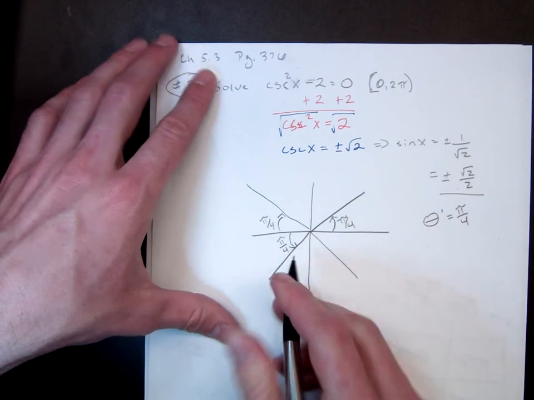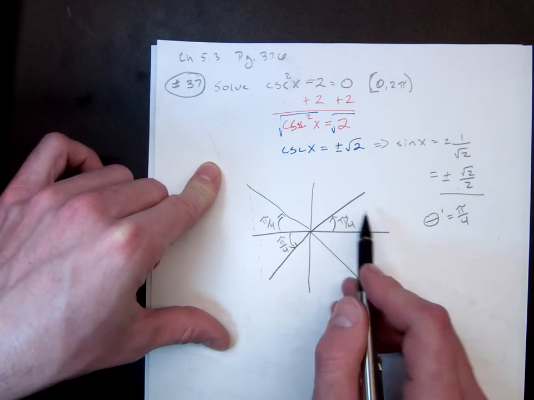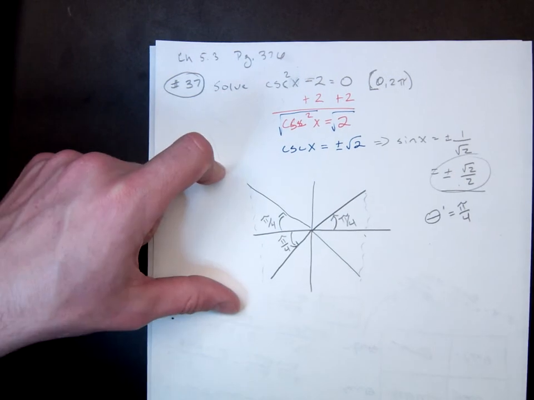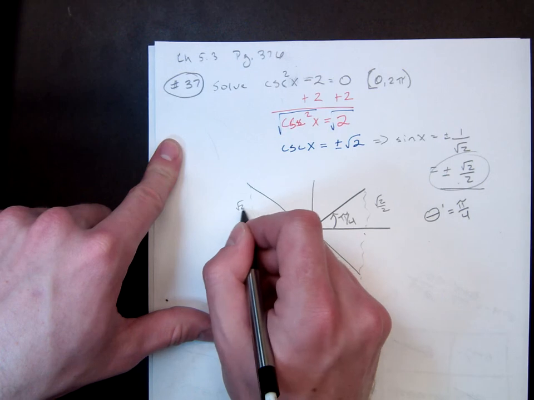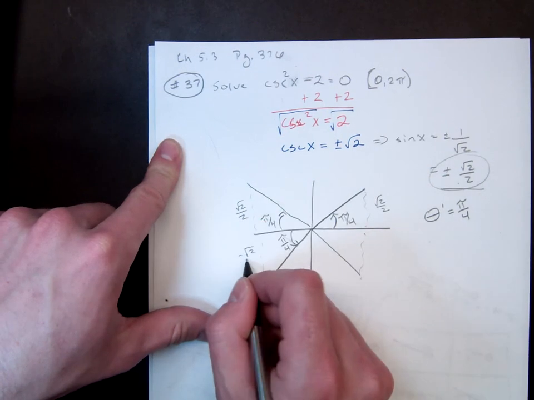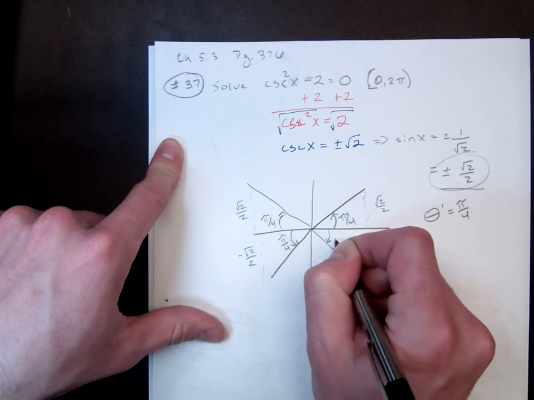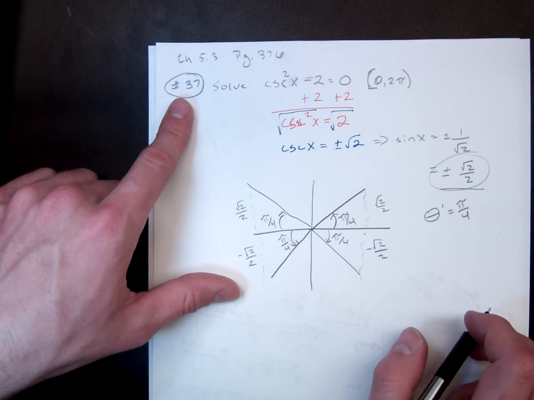Because with all of these, if I just dropped a perpendicular down, I could create these 45, 45, 90 triangles, which will get me my root 2 over 2 for sine. Okay. And now the only goal I have is to figure out what these actual angles are.